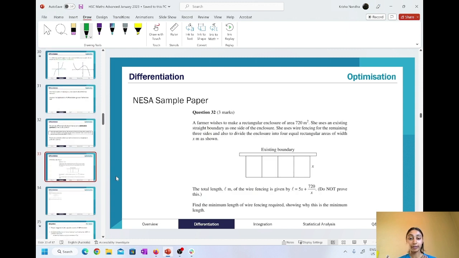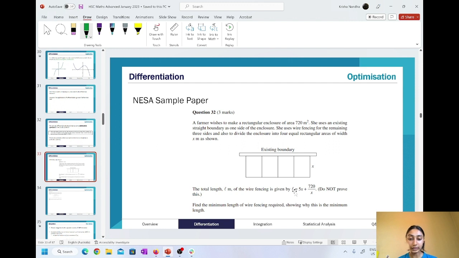Okay, so a farmer wishes to make a rectangular enclosure of area 720 meters squared. She uses an existing straight boundary as one side of the enclosure. She uses wire fencing for the remaining three sides, and also to divide the enclosure into 4 equal rectangular squares of width x meters, as shown.